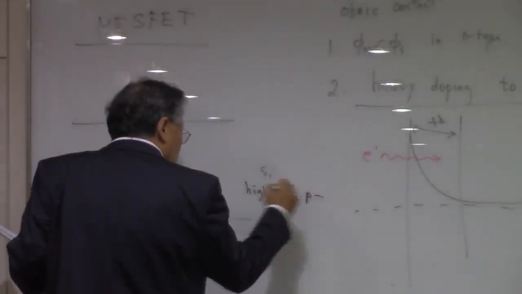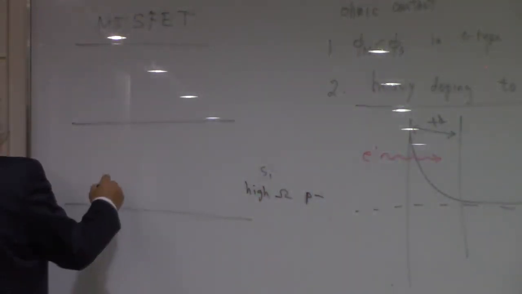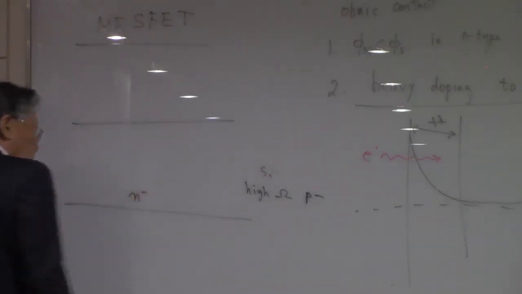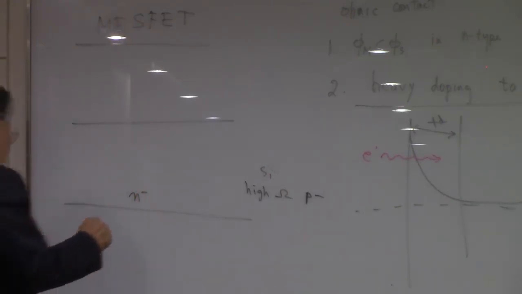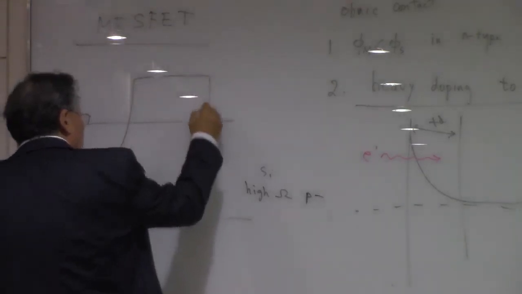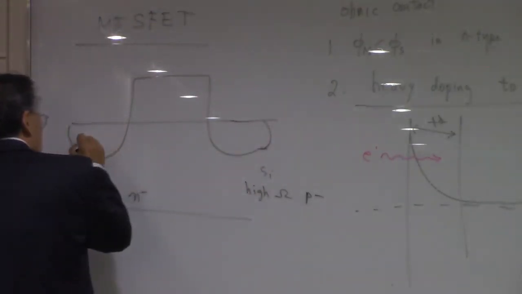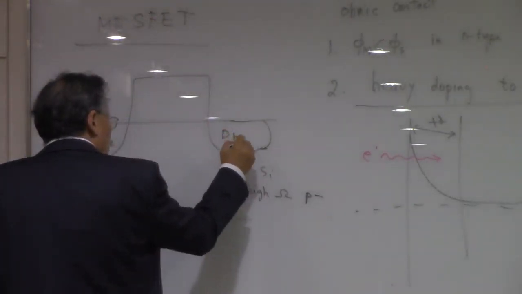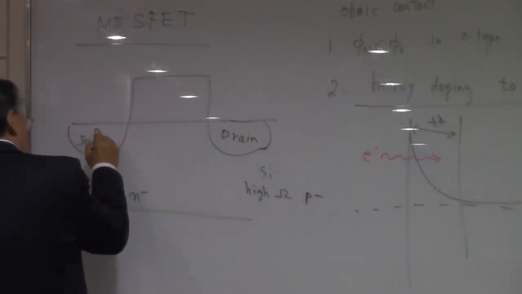p-type. Okay, and then you do doping or whatever, you make N layers on top of it, and then you're going to make a gate, source, drain, and that should be N plus.